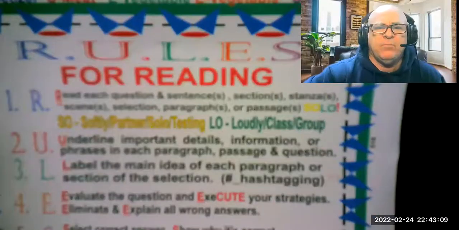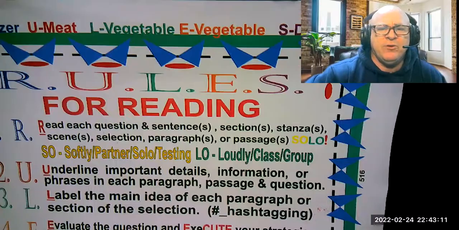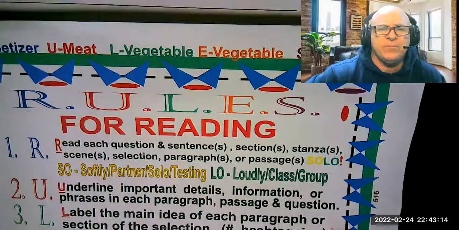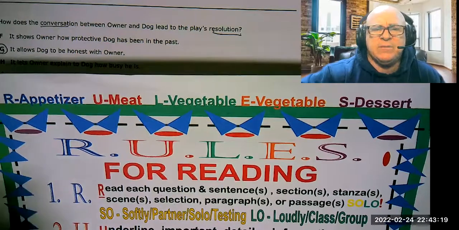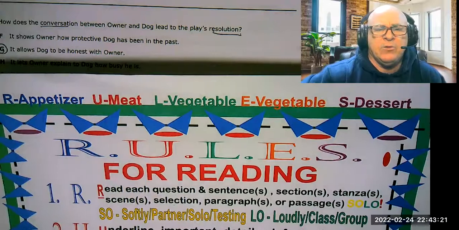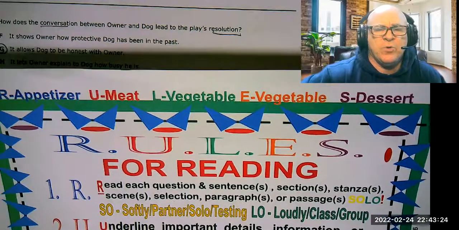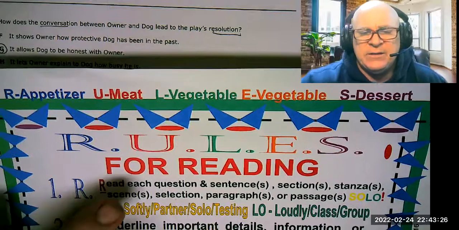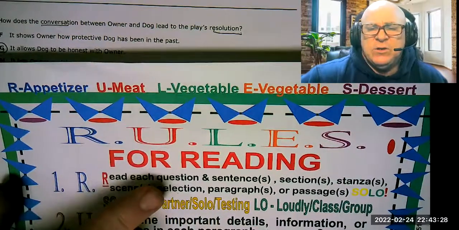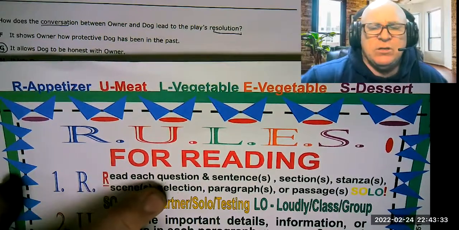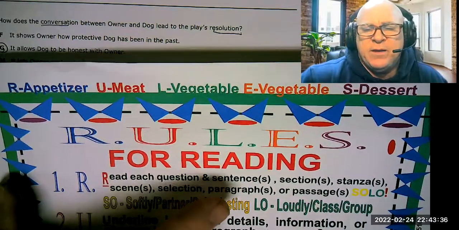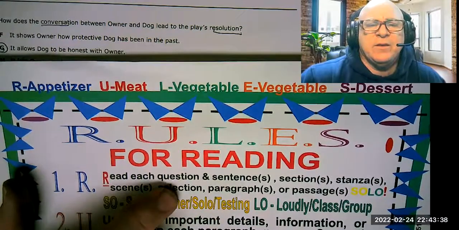So let's take a look at the question in question. But before I do, I just want to remind you, if you don't already have a cool checklist, think of the checklist of your students as a meal. The reading of the question and the sentence or section or stanza, the scene, the selection, the paragraph or the passage is very important.